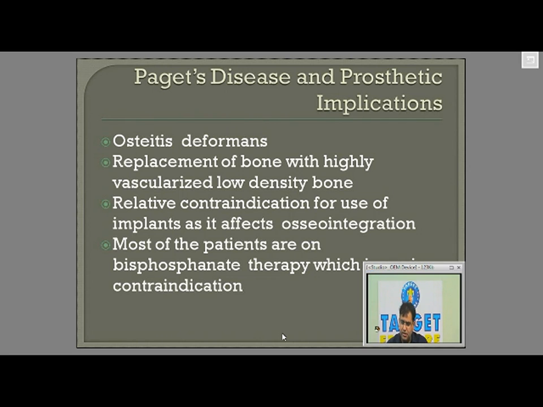I'll repeat the question. A patient with Paget's disease having multiple impacted teeth reports to your dental clinic. There are 4 options. First option is that you leave the teeth inside the alveolar bone and fabricate a conventional complete denture.